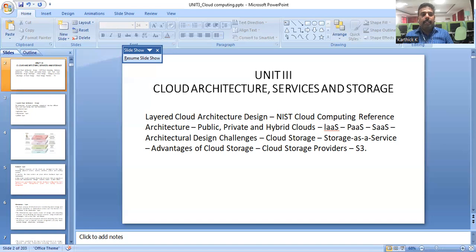Infrastructure layer: the basic purpose of infrastructure is to deliver basic storage and compute capabilities as standardized services over the internet. So it is also known as the virtualization layer. The main issue when you start a company is how to manage your servers, how to manage your storage, and how to manage your manpower.